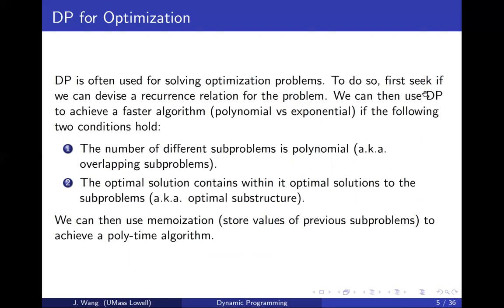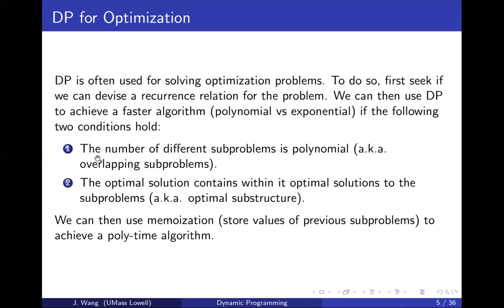To do so, first seek if we can devise a recurrence relation for the problem. That's the first step. We can then use DP to achieve a faster algorithm. Faster means we're going to get a polynomial algorithm instead of an exponential algorithm if the following two conditions hold.